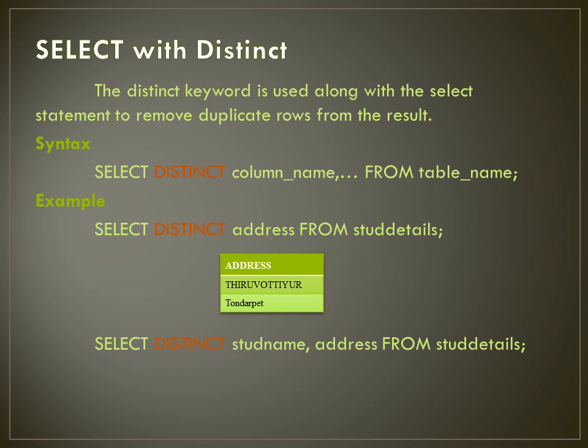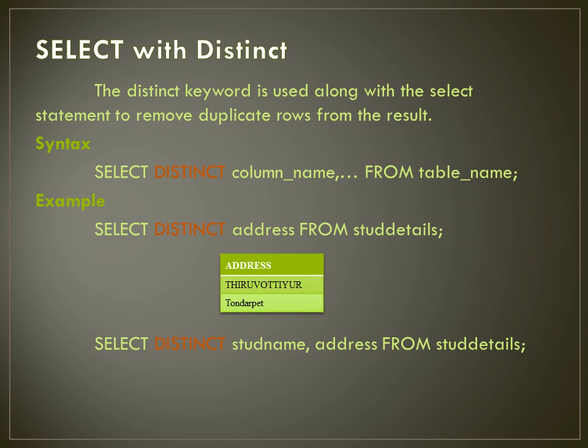In student details, we have many addresses. For all the students, we have mentioned the address of the student. By giving this statement, it will give the addresses which are unique, not having duplicates. So, by the result, we can see only two addresses, that is Thiruvachur and Thandiyapet, only two addresses in the table.